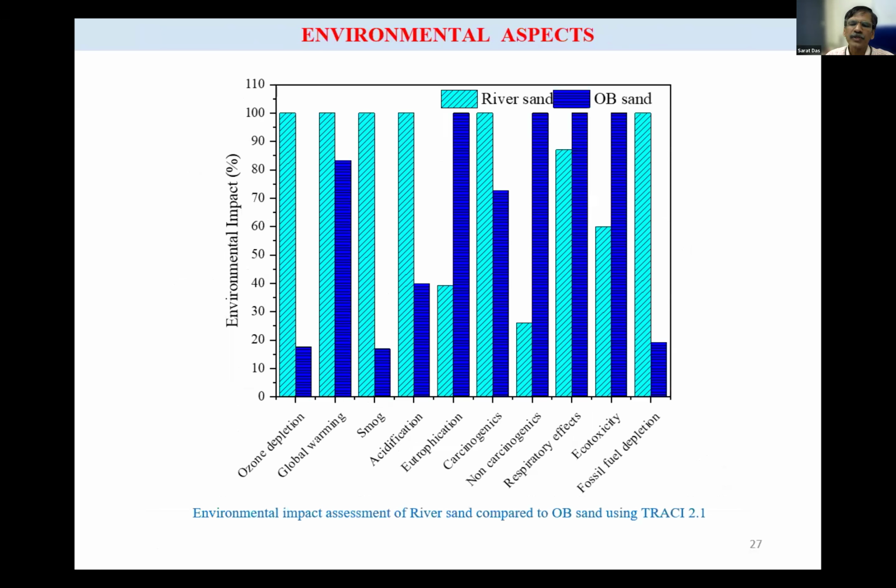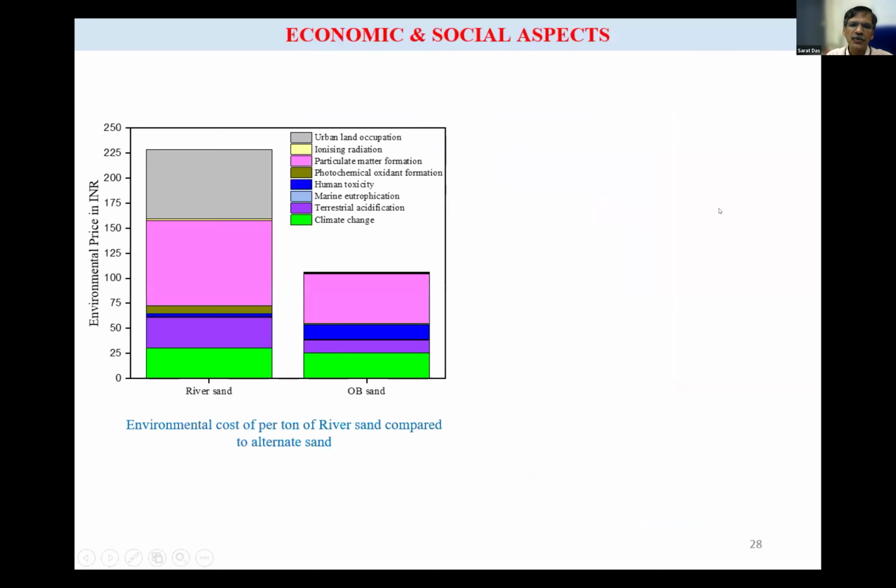We compared it with river sand. If you look at this, river sand has almost equal values for all these aspects, whereas OB sand is less.